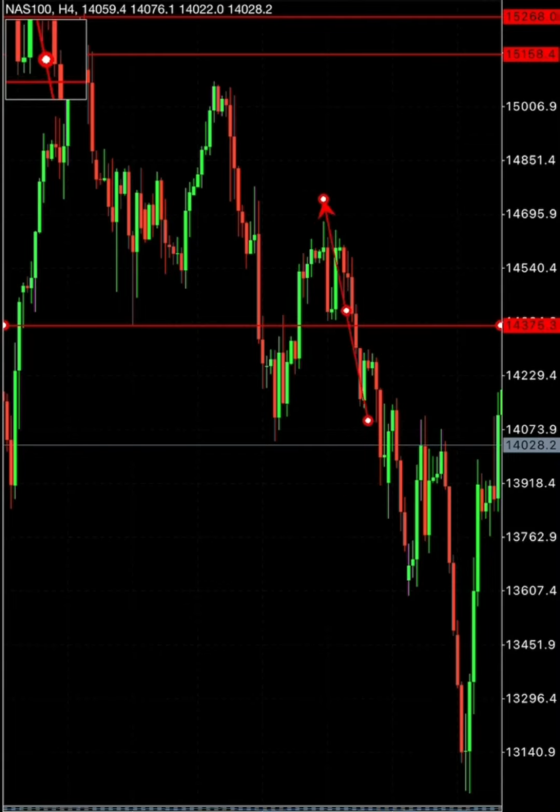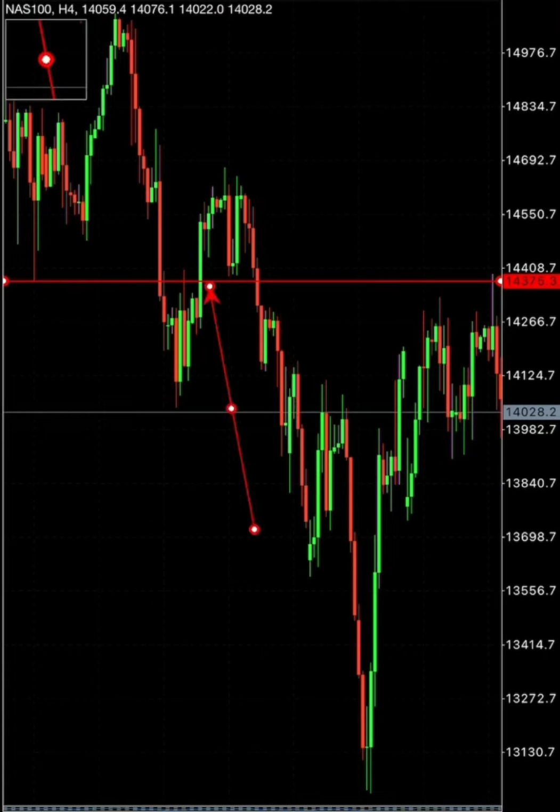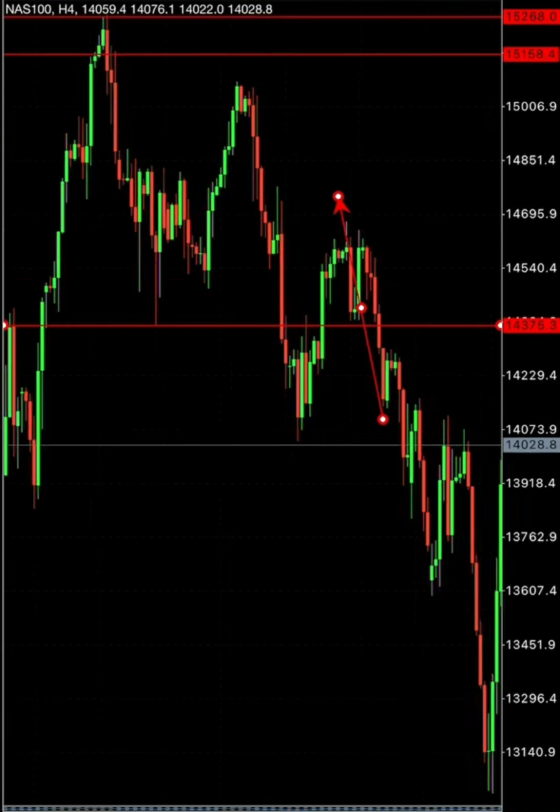Once price retraces, if your account size is quite alright and your broker spread is low, this is what you do. You can wait for some sort of sell confirmation within this area.